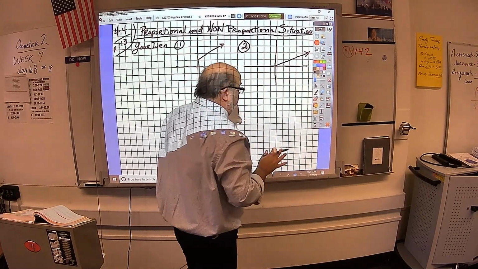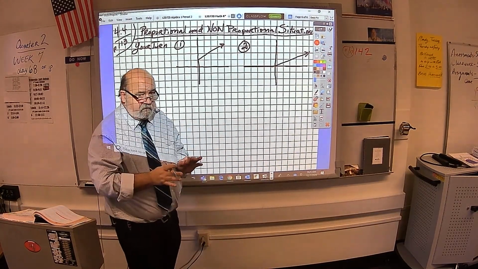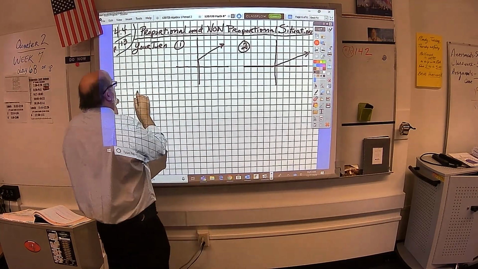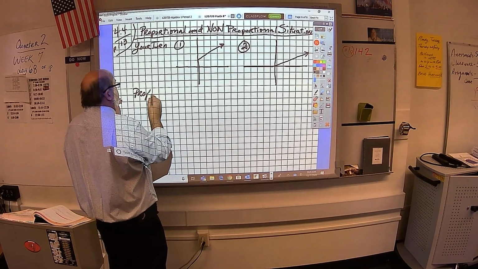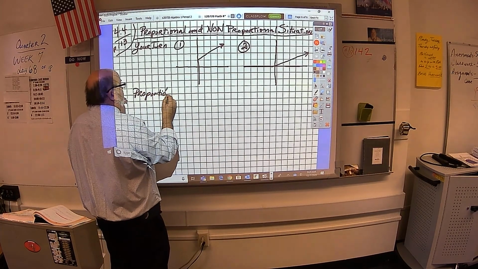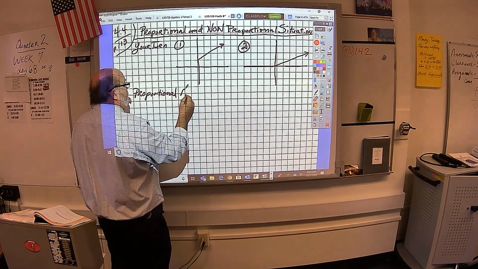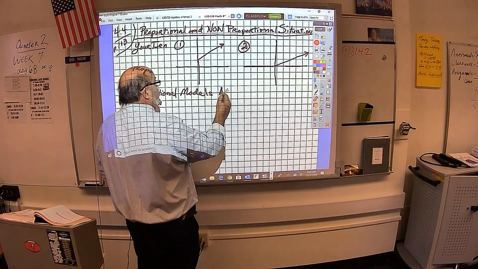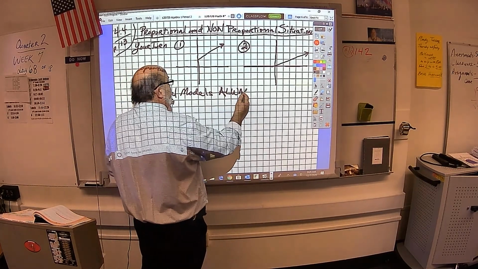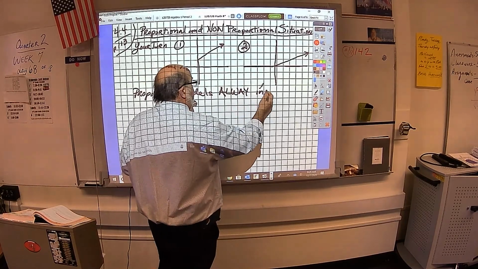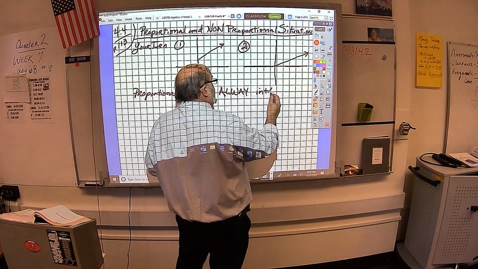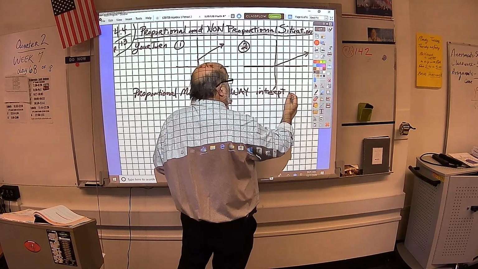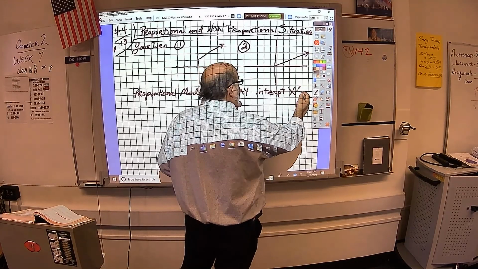What we need to understand is that proportional models always intercept at x equals 0.